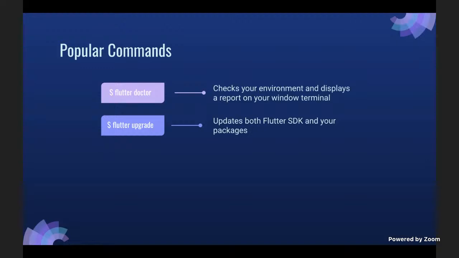When you want to install the framework, the doctor will help you check whether there is a missing dependency that you need to install on your machine before you can get started. So doctor is just to help you check and give you reports. Upgrade means that you have a current version that you're using at the moment and you want to upgrade to another one. Flutter upgrade will allow you to do that.